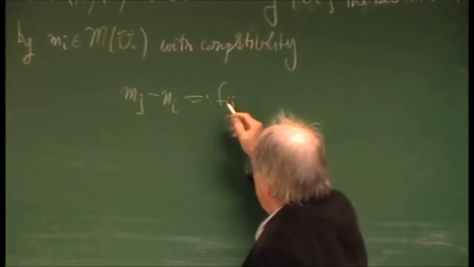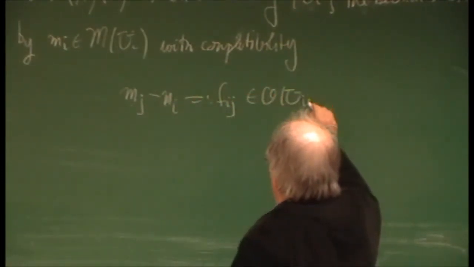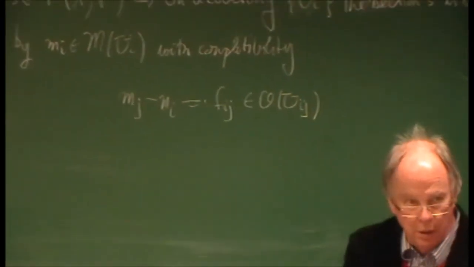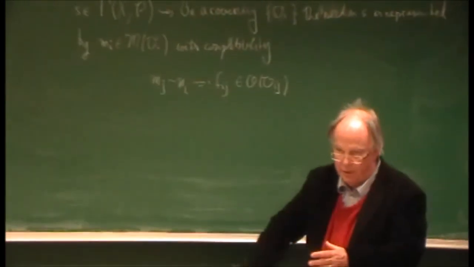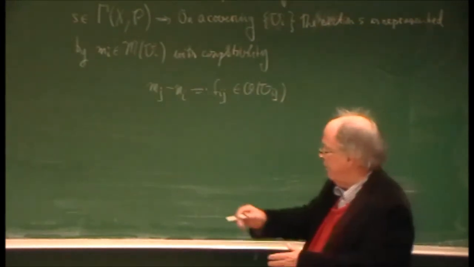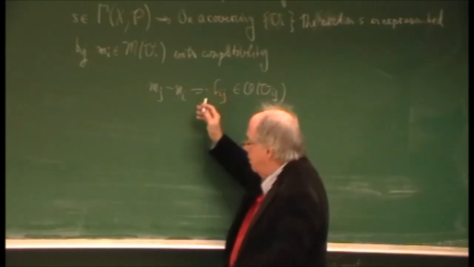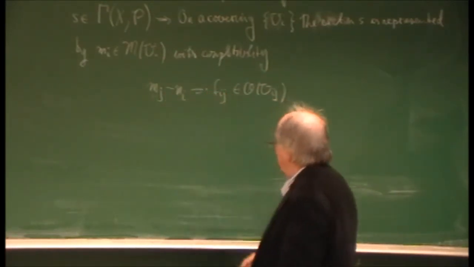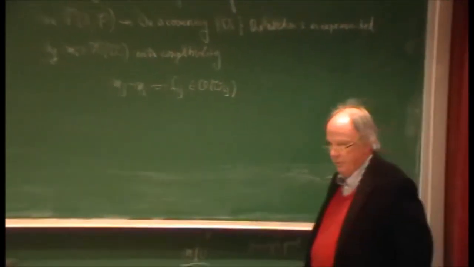That means the difference is holomorphic. Principal parts being compatible means that we don't care about the holomorphic part of the Taylor series, we just compare the principal part of the Taylor series. So this difference is not zero. This does not define a global function, but it defines one of these F_ij's. Okay?